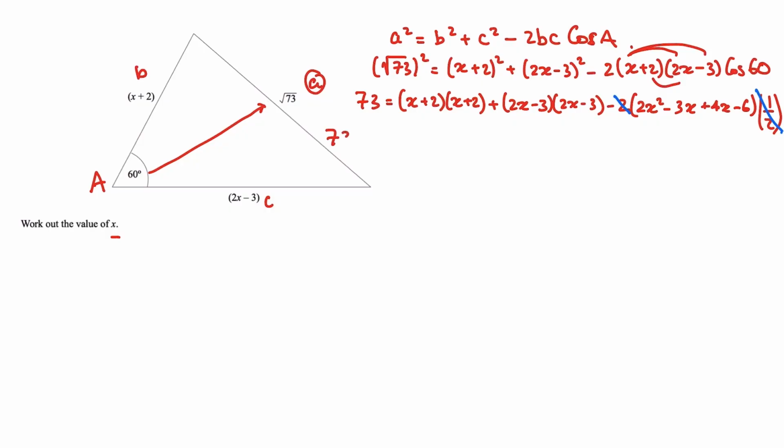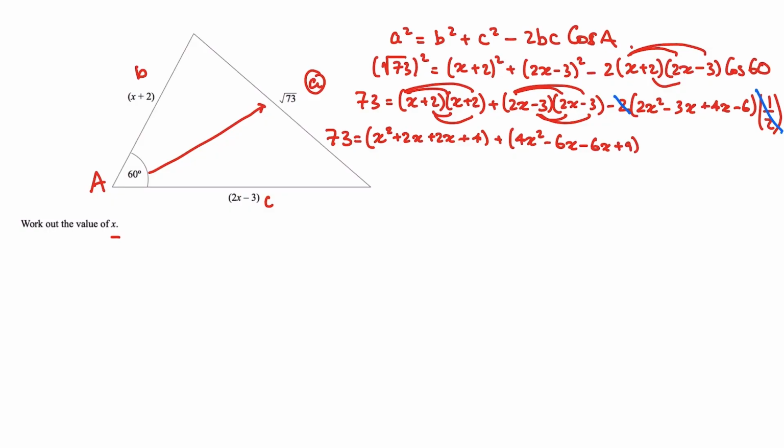So we have 73 is equivalent to, again, I'll put the expansion of the first two brackets in one big bracket, x squared plus 2x plus 2x plus 4, plus 4x squared minus 6x plus 9.